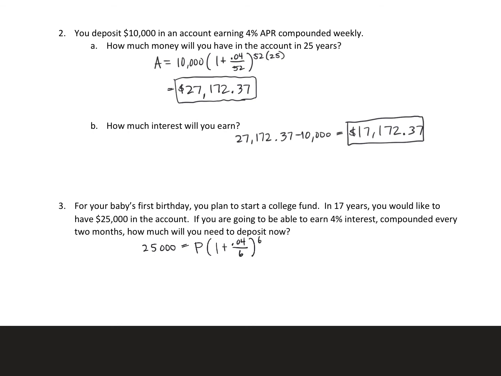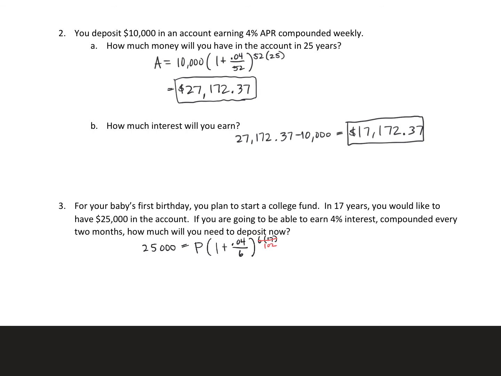So N is 6. And then T, you have 17 years. Okay, so let's multiply through everything on the right. Well, not really multiply. Let's do 6 times 17. So my exponent is going to be 102, right? So 102. So now what I want to do is combine what's in the parentheses.